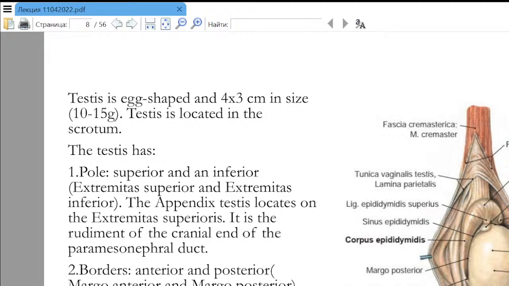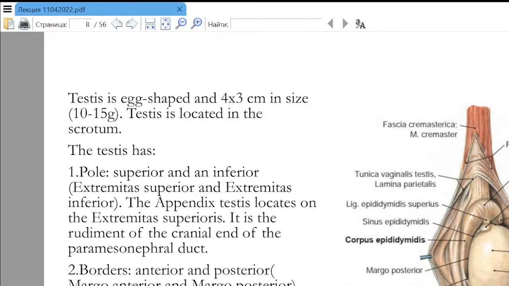Borders: margo anterior and margo posterior.